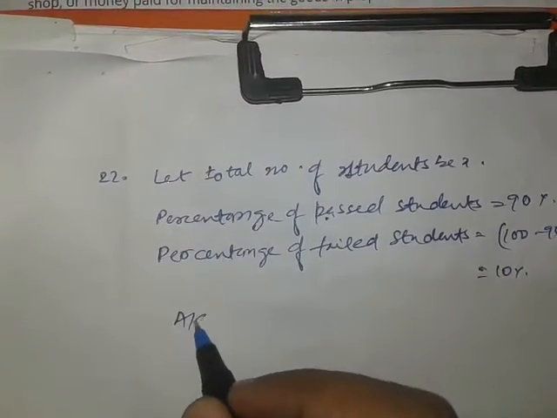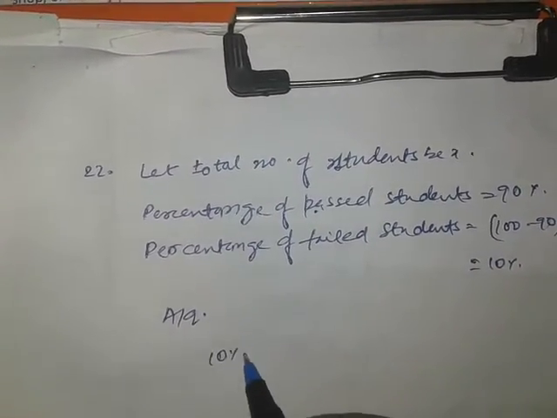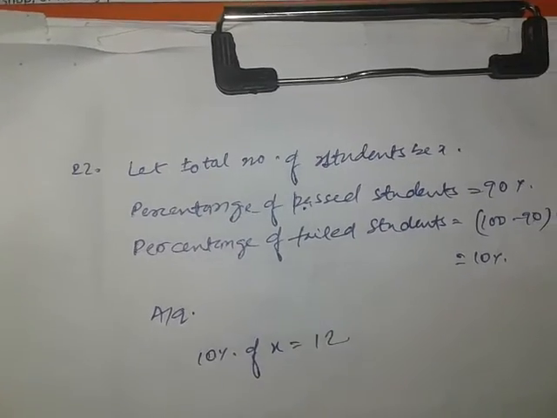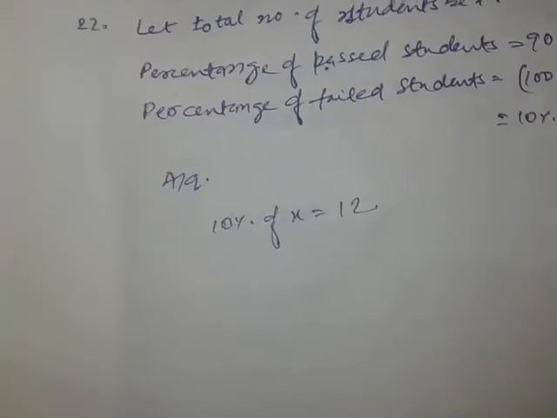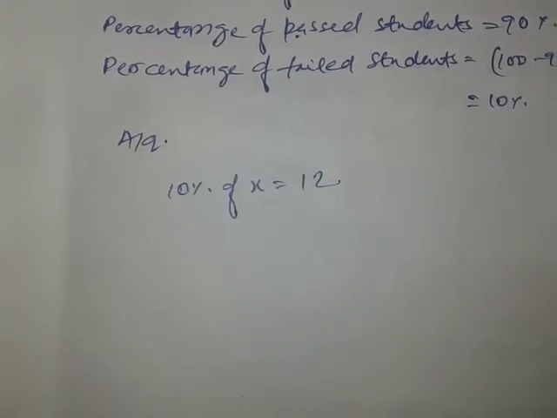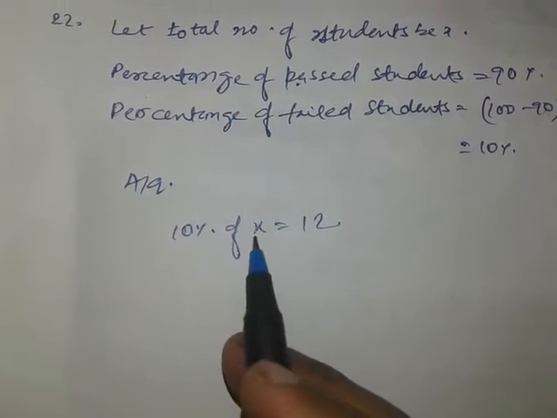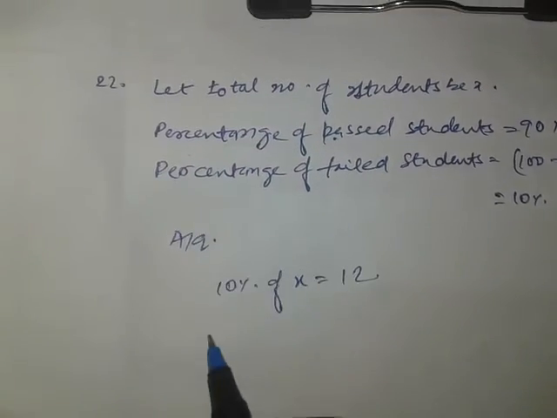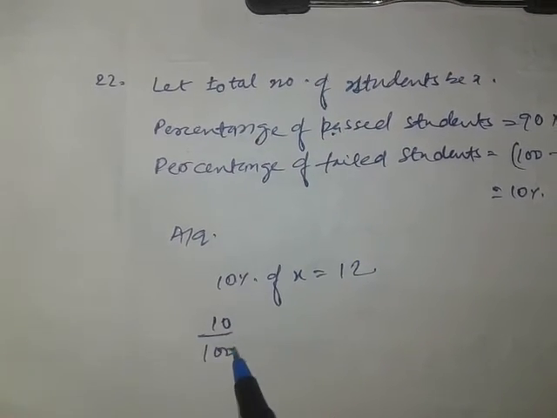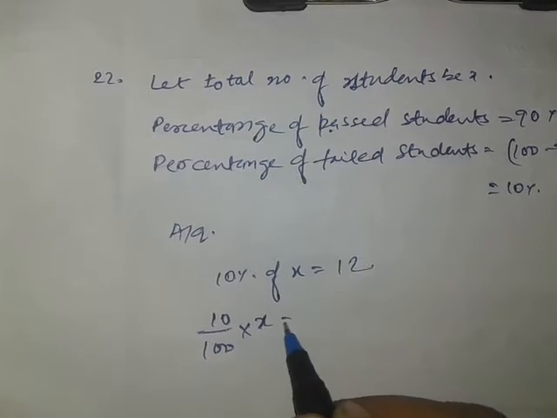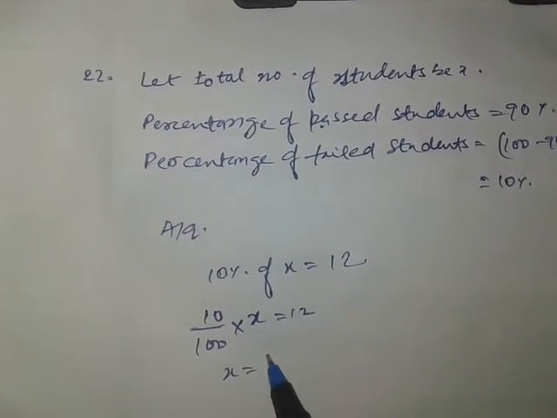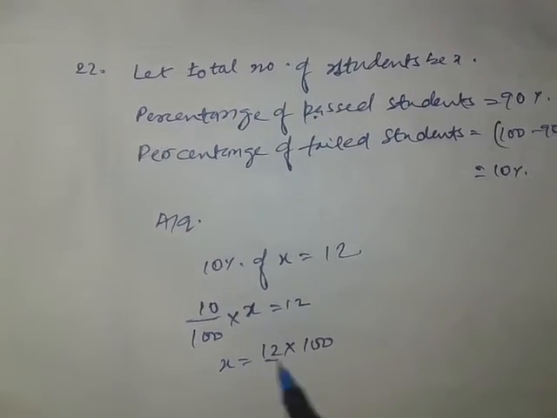Now according to the question, 10% of x is 12, isn't it? Because it says 12 students failed. So 10% of x means 10% of the total students failed. First of all, we change this into a fraction: 10/100 multiplied by x equals 12. So x equals how much? 12 into 100 by 10.